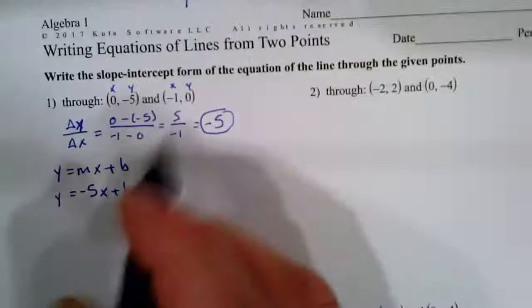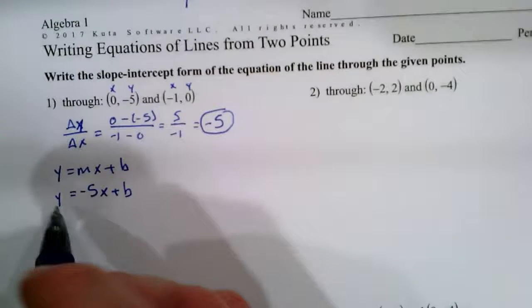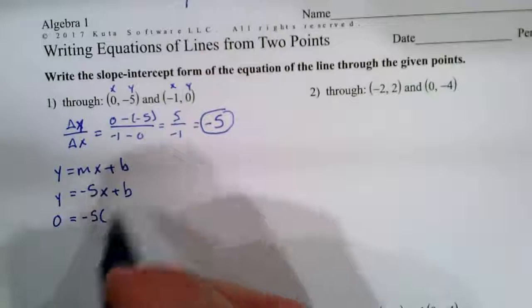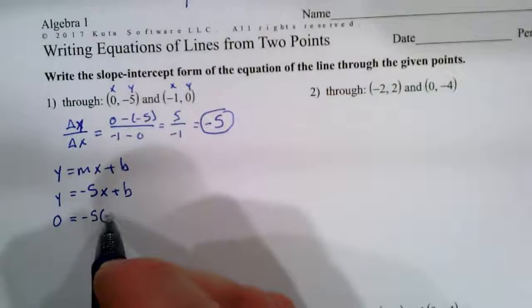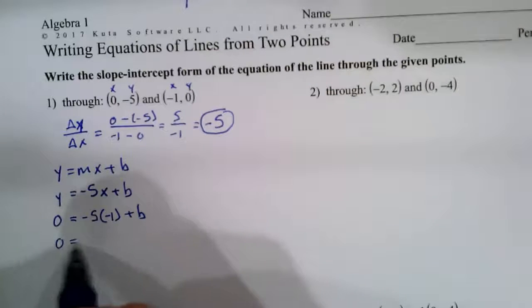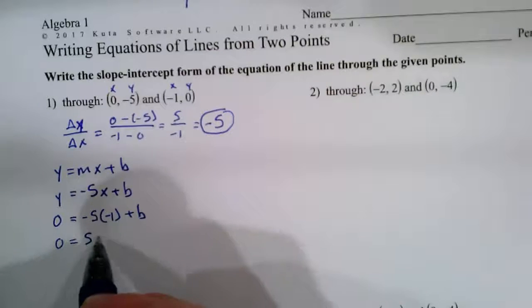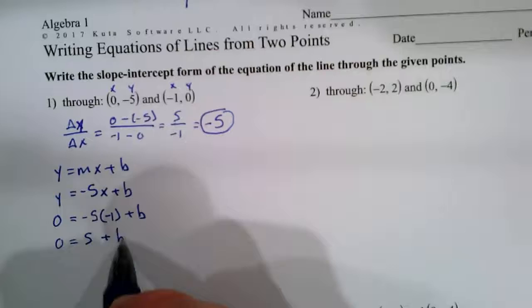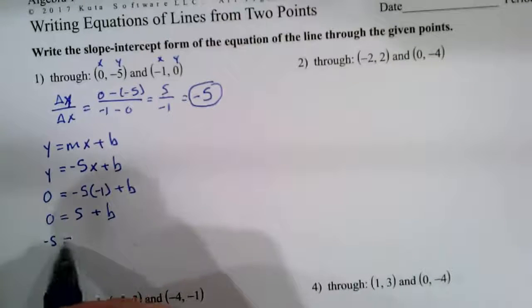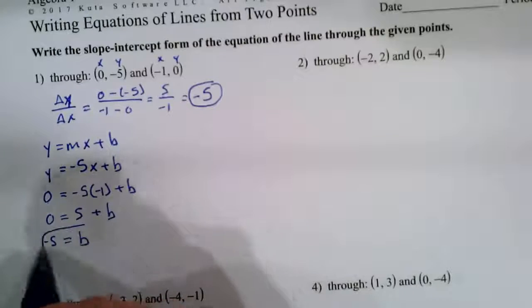So negative 1, 0. I'll substitute 0 for y equals negative 5, negative 1 for x, plus b. 0 equals negative 5 times negative 1, positive 5, plus b. We're going to subtract 5 from both sides, and we have negative 5 equals b.